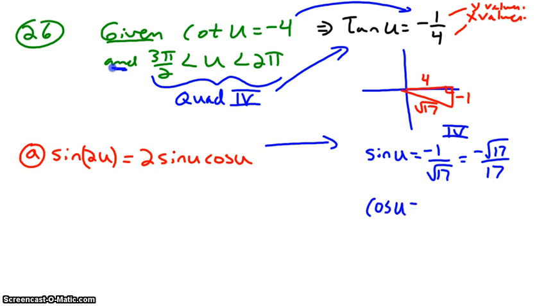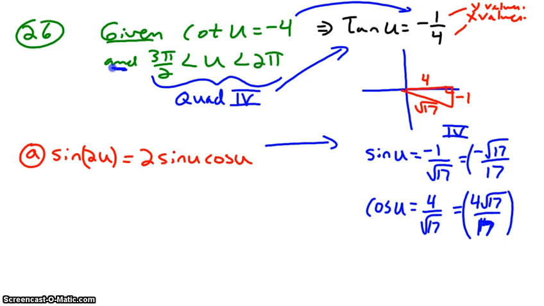Likewise for cosine u, I will do the adjacent, which is 4, over the hypotenuse, radical 17. And again, I could rationalize that and see it as 4 radical 17 all over 17.